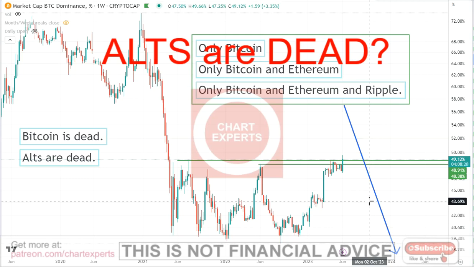Okay, just as Bitcoin is dead is complete nonsense. This other paradigm of alts are dead and that only Bitcoin will survive, that's just complete nonsense.